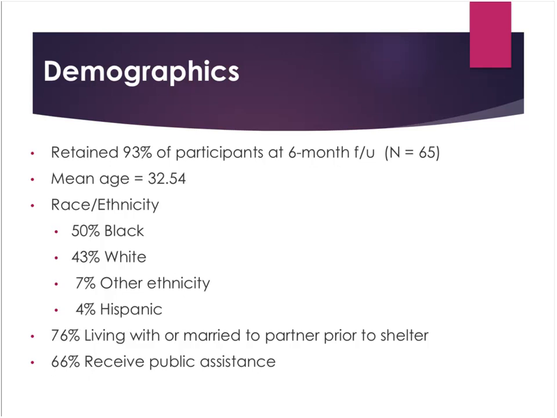So we had very few women from other ethnicities represented. Most were living with or married to their partner prior to coming to shelter, and most women were low SES receiving some kind of public assistance.